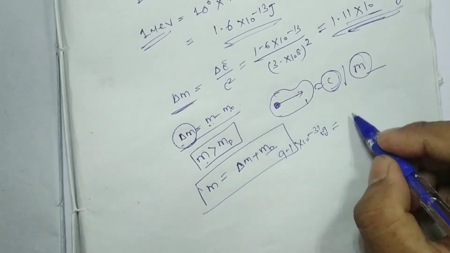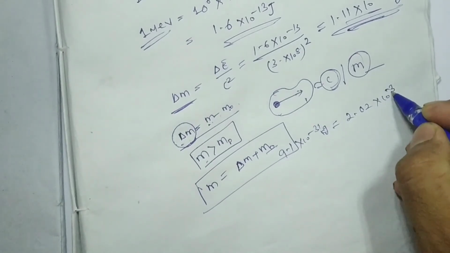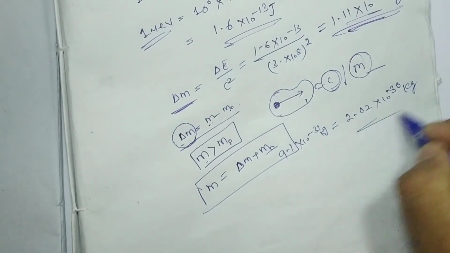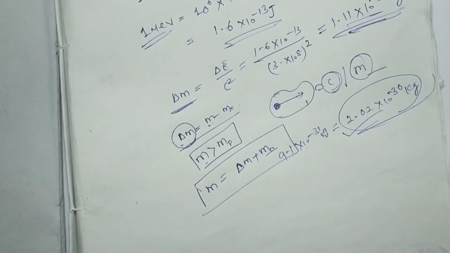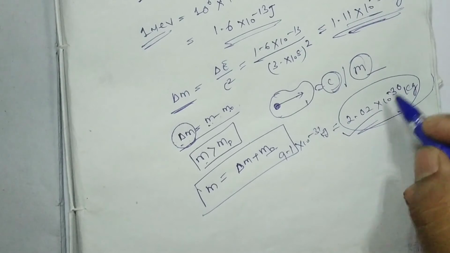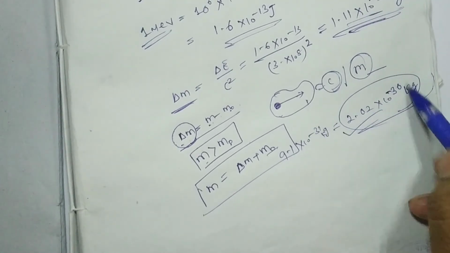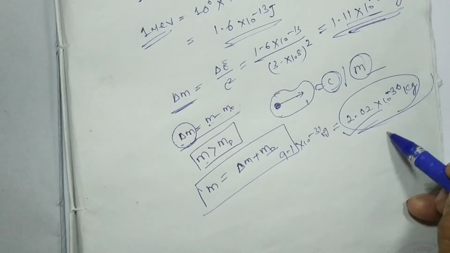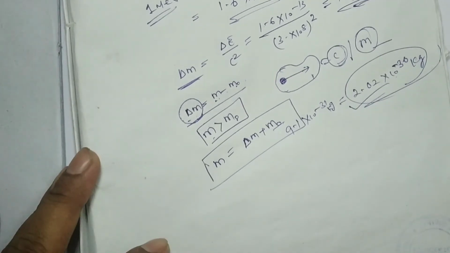So at last we found 2.02 into 10 to the power minus 30 kg. This much is its relativistic mass. Just see, rest mass is 10 to the minus 31 and relativistic mass is 10 to the minus 30. That means its mass is increased whenever a particle is moving with a velocity.